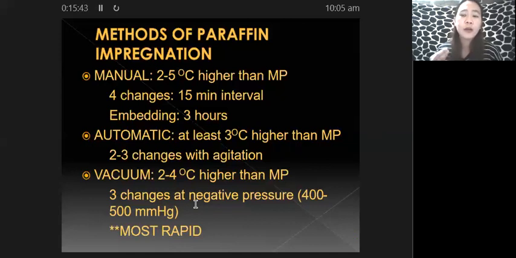So, class, this is comparable to the vacuum that is present in your evacuated tubes. Remember when we perform phlebotomy, you don't really have to do anything once the needle is already pricked.